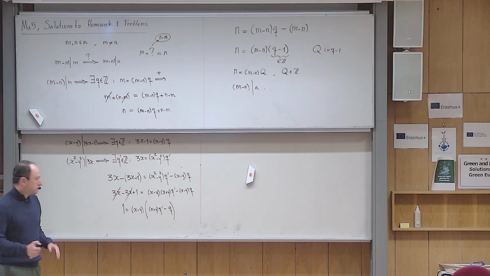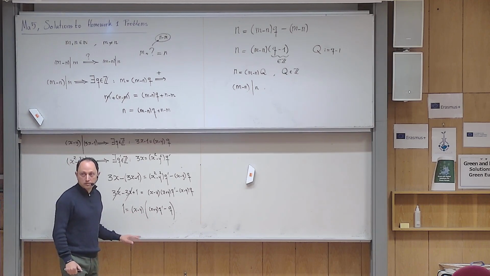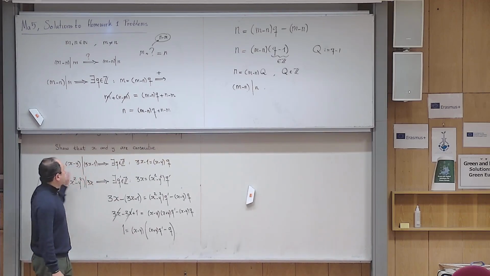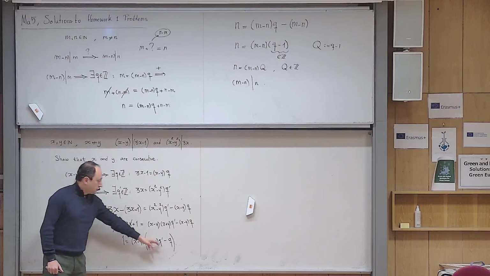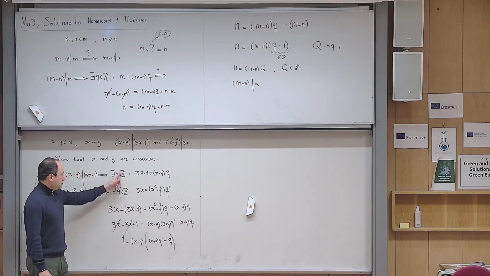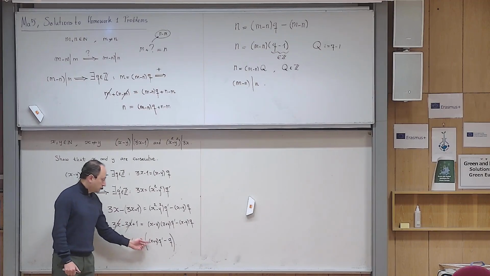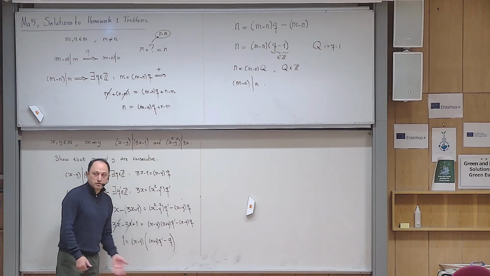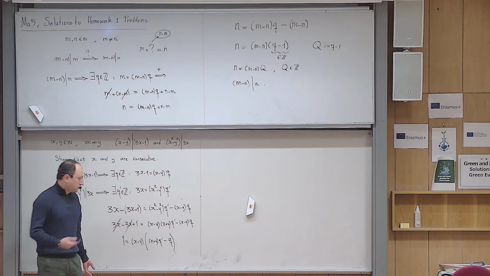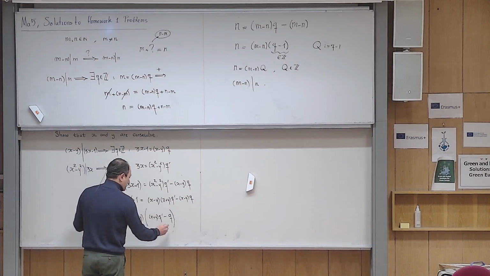Is it an integer or not now? Because x and y are given to be natural numbers from the very beginning, q prime and q are also integers. So I hope that you agree that the sum is a natural number. When I multiply it by an integer, it is an integer. When I subtract two integers, it is still an integer. So that's the only thing that matters. So this is an integer.